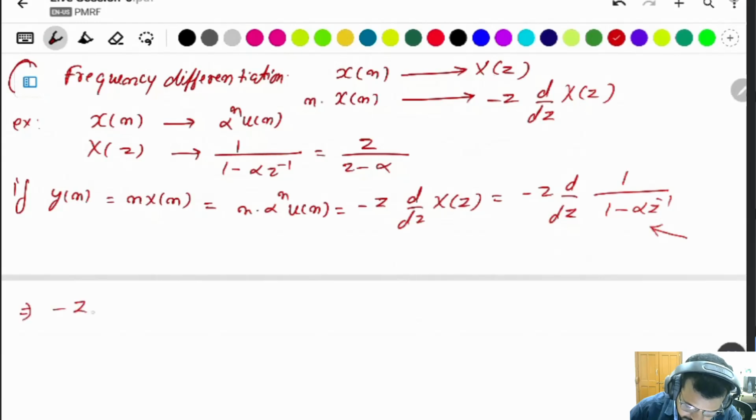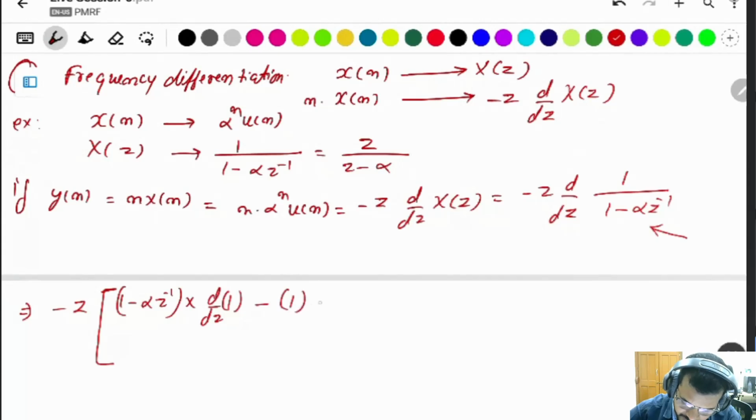Minus z, to differentiate this, denominator into the differentiation of numerator, minus numerator into the differentiation of denominator, divided by the whole square of the denominator.